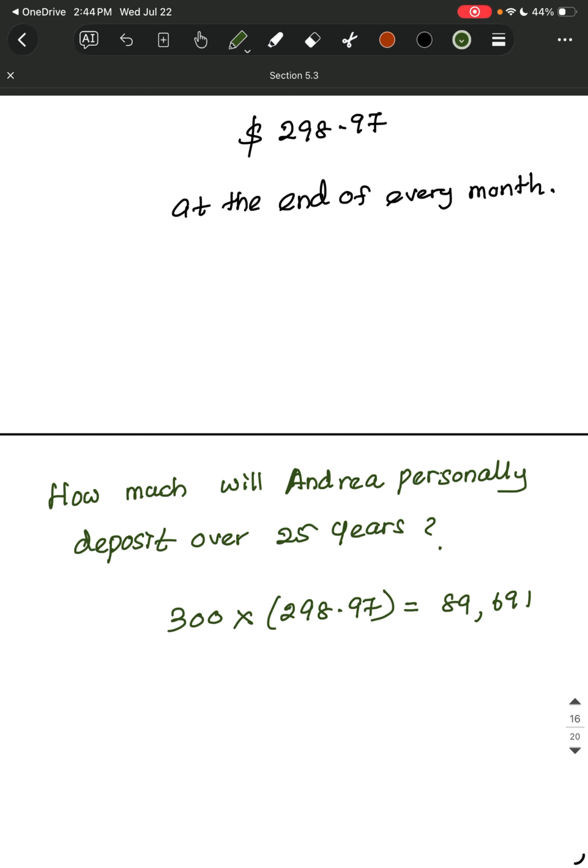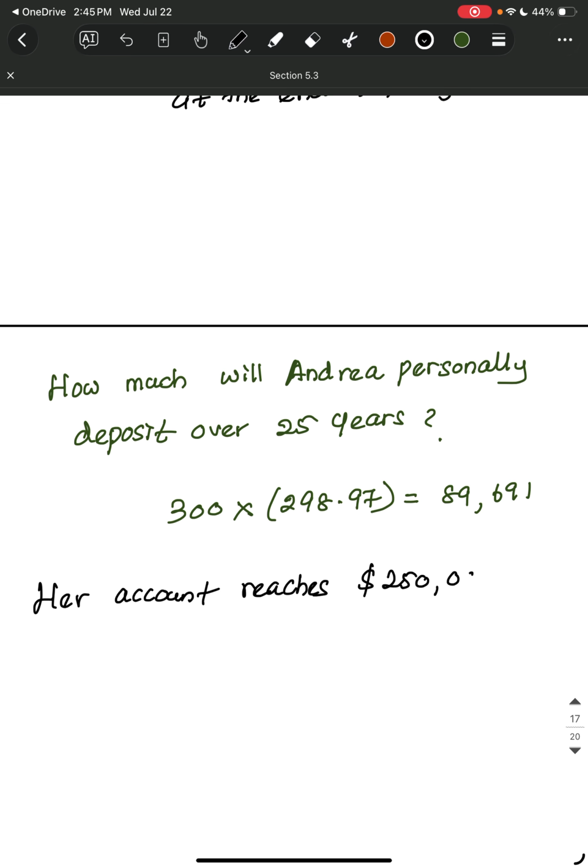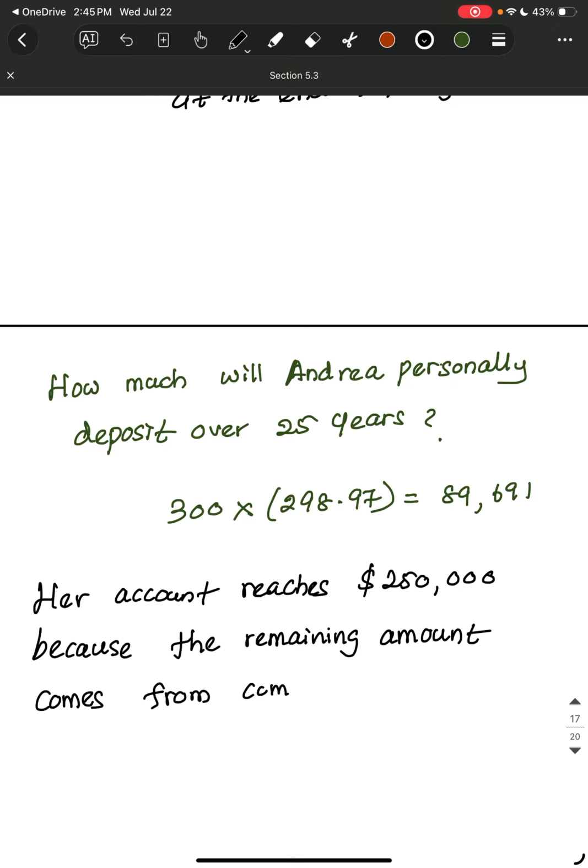Her account reaches $250,000 after 25 years, depositing $298.97 each month compounded monthly, because the remaining amount comes from compound interest.